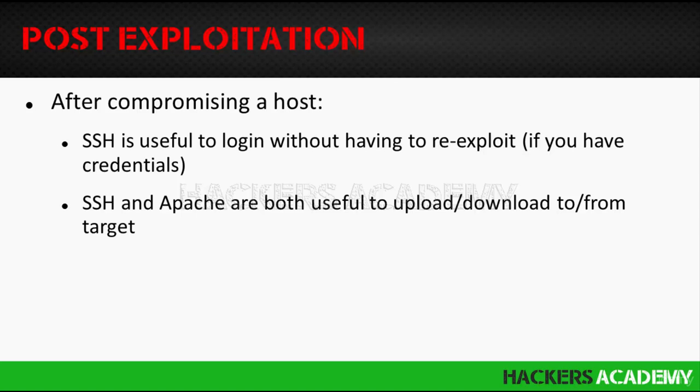So what do you do? You need to upload these from your Kali machine into the compromised host. You do that using either SSH, or to be more specific, SCP, which is Secure Copy, or using Apache by turning your Kali into a web server and using the compromised machine to download the files from your Kali.